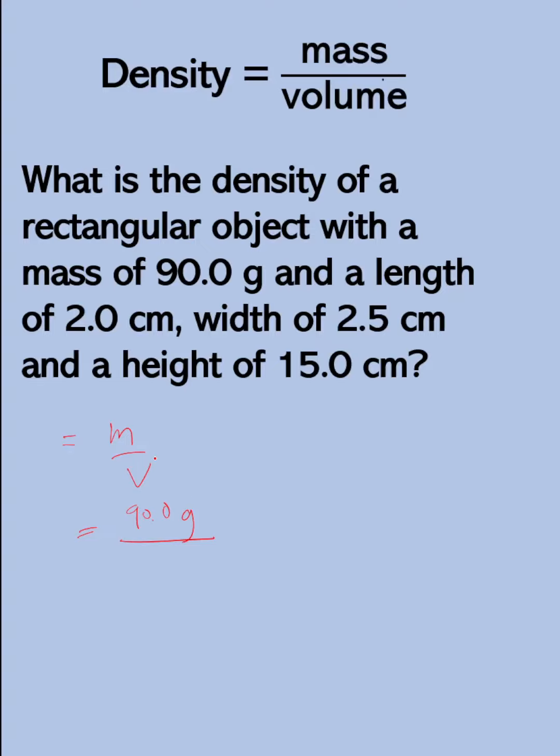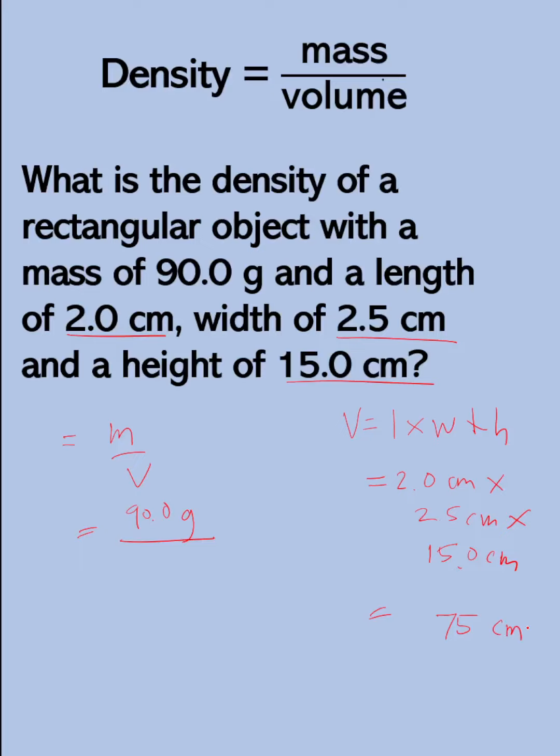Then for the volume, I don't see the volume here directly, but this one is a rectangular object, and I know that this is equal to length times width times height. So in this case, just put these numbers in the formula for the volume. Again, we have 2 centimeters times 2.5 centimeters times 15.0 centimeters, and this is equal to 75 cubic centimeters.